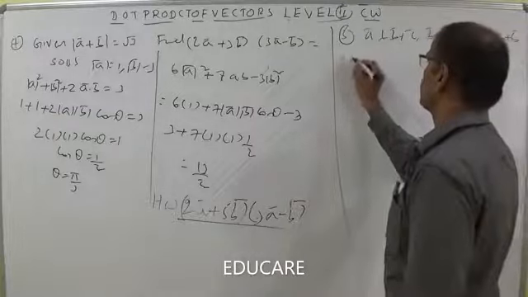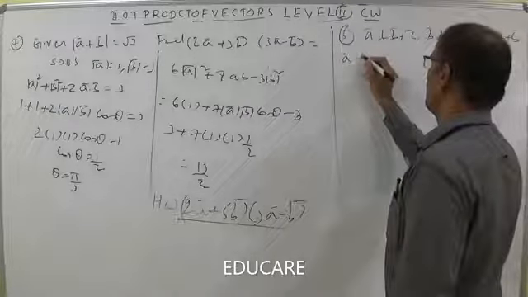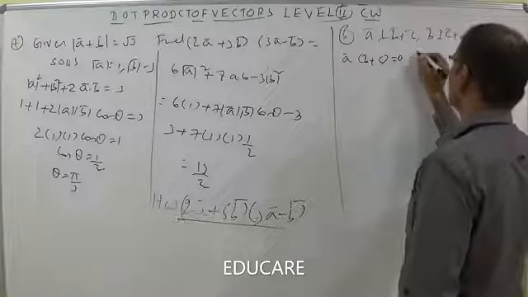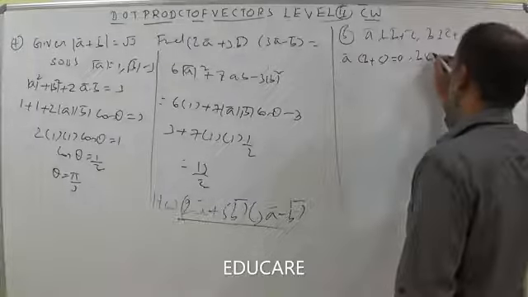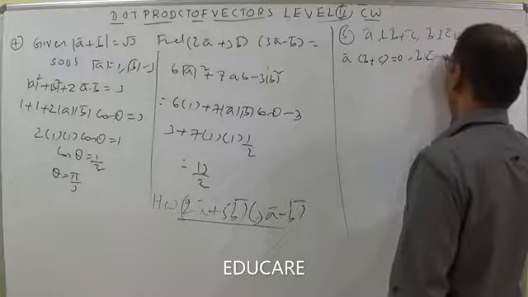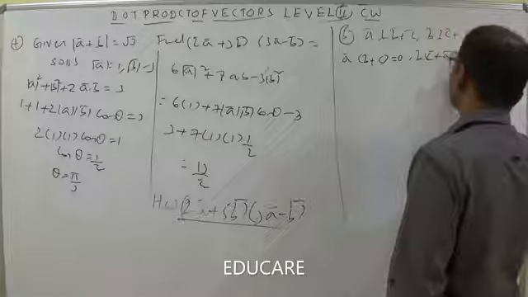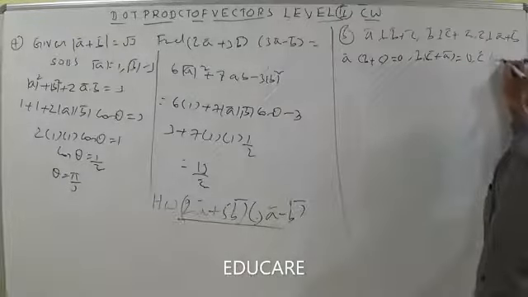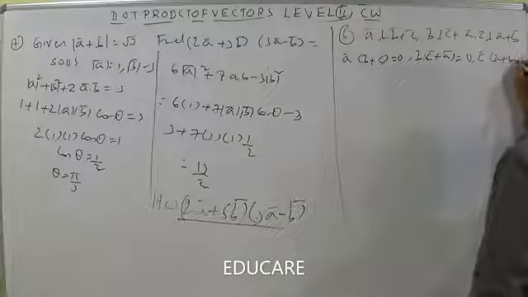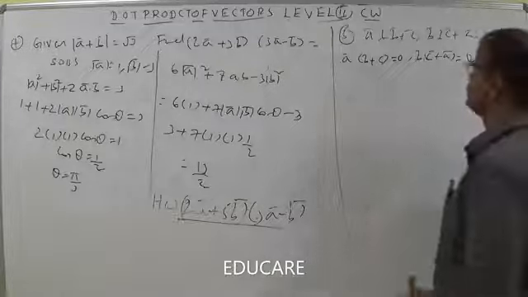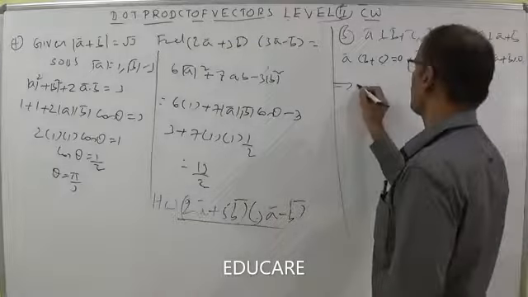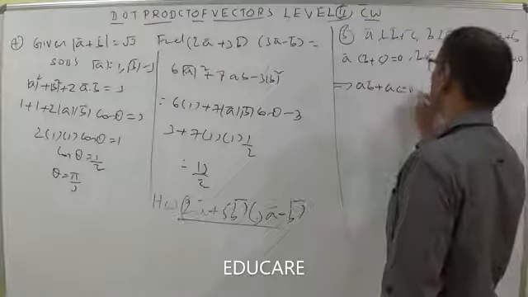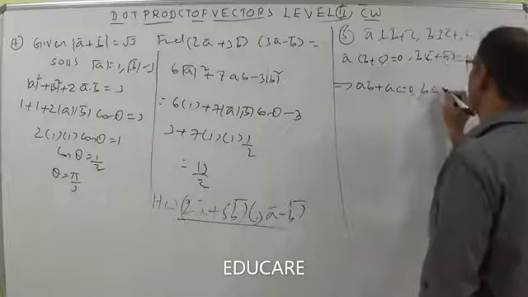It's okay. You can understand that here whenever two vectors are perpendicular, then their dot product is 0. So you can write here A bar dot B bar plus C bar equal to 0 and B bar dot C bar plus A bar equal to 0. Here C bar dot A bar plus B bar equal to 0. You can write this one as AB plus AC equal to 0. So everything here.